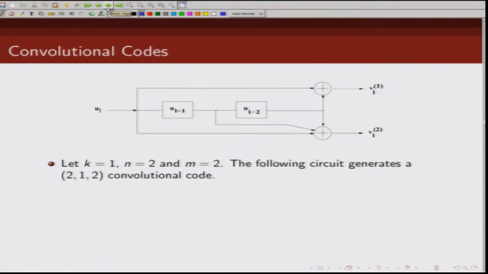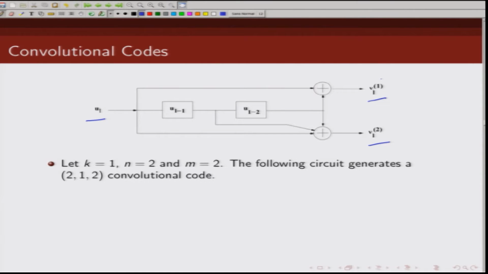So, let us take an example now of a convolutional code. Here we have one input and two outputs. The input we are denoting by u of l, output we are denoting by v of l1, v of l2. Now, note here, each of the outputs not only depends on the current input, but it also depends on past values. It also depends on what u l minus 1 was, what u l minus 2 was. So, this is an example of memory order 2.